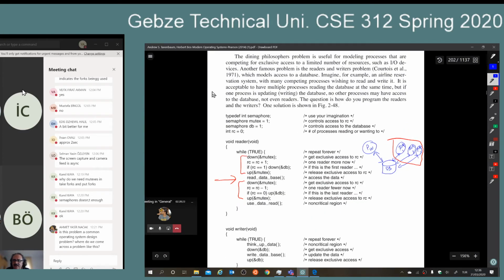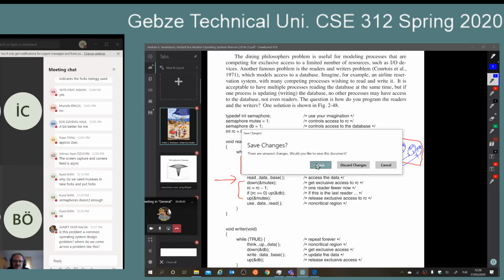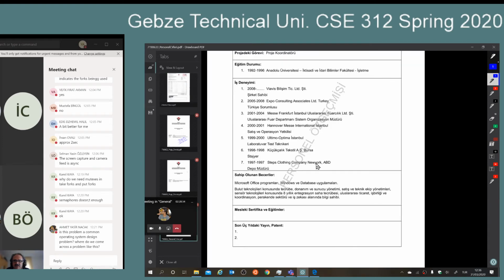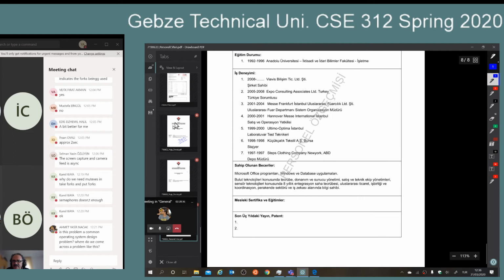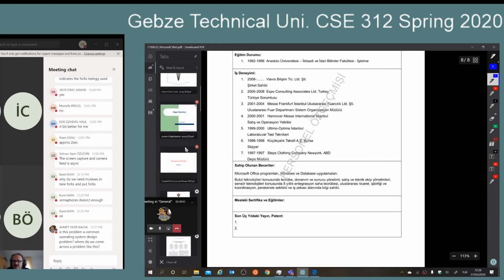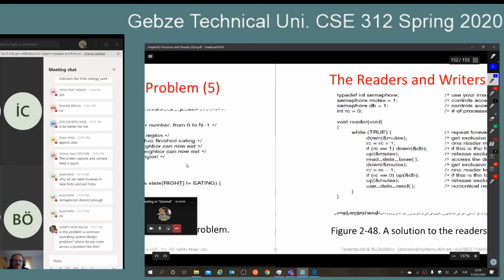Let me close this one. Save it maybe for later use, and let's go back to our processes and threads chapter, and I think we will be done with this chapter now.